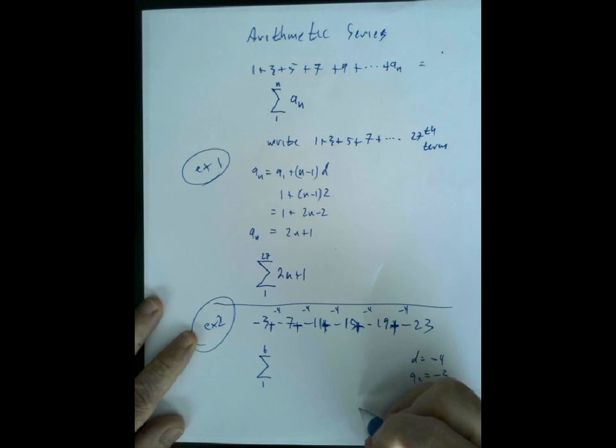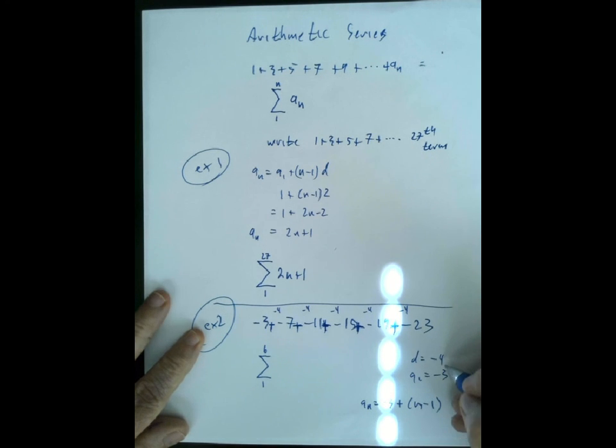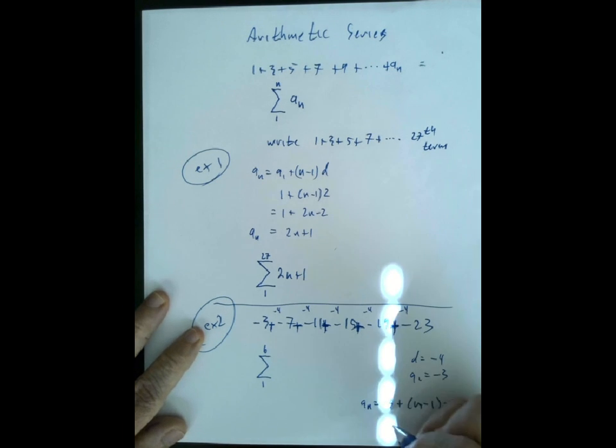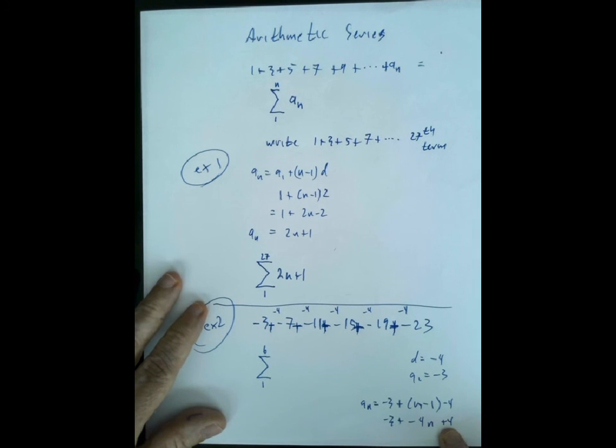So a sub n is negative 3 plus n minus 1 times negative 4. It's negative 3 plus negative 4n plus 4. Negative times negative is positive, so we add those.